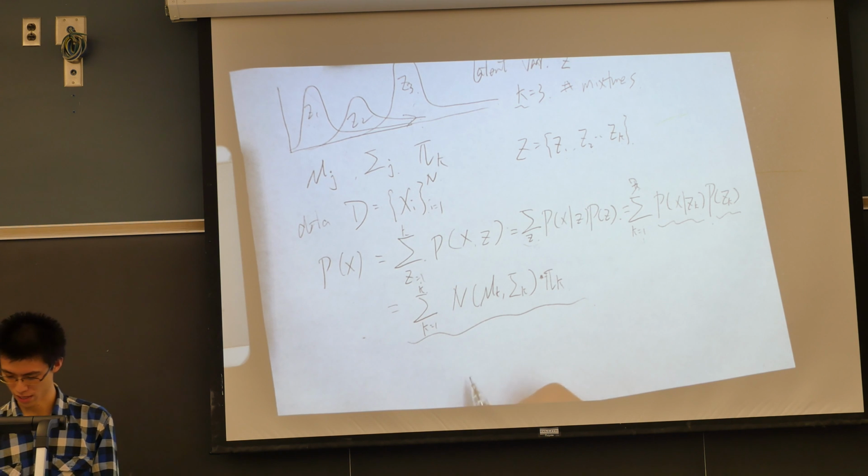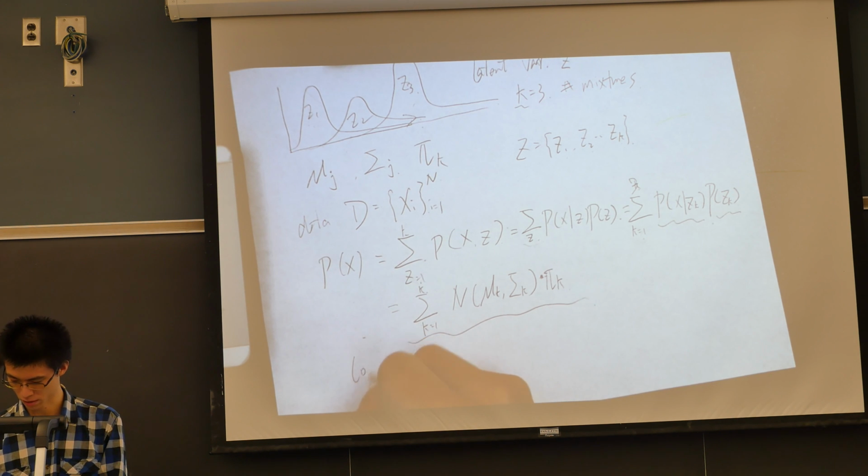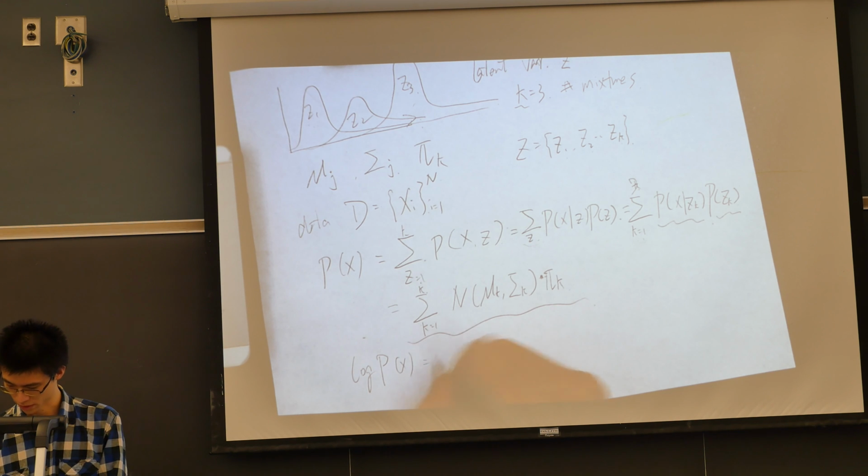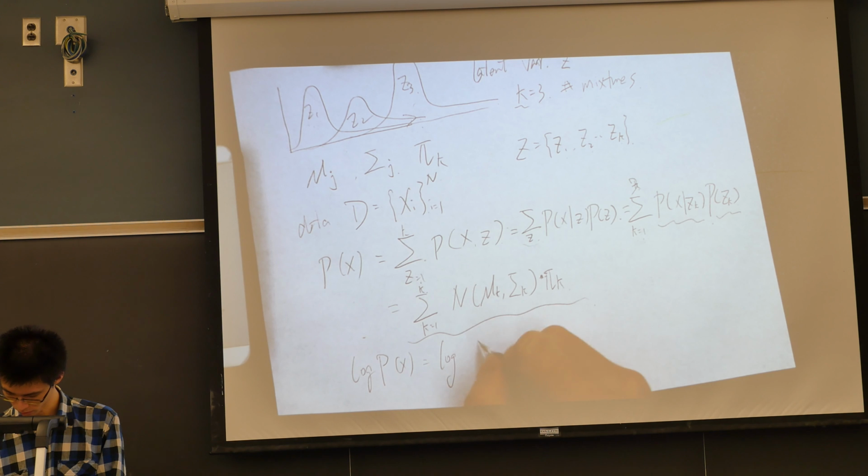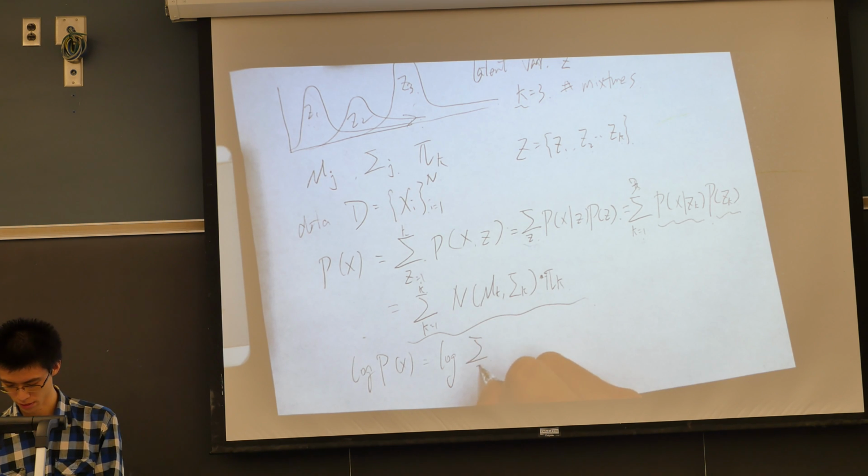So now we have the likelihood. We can have the log likelihood, of course. By writing this way, then we can simply have, for simplicity, I'm just writing this C here, and you know that we're iterating through all the latent variables.